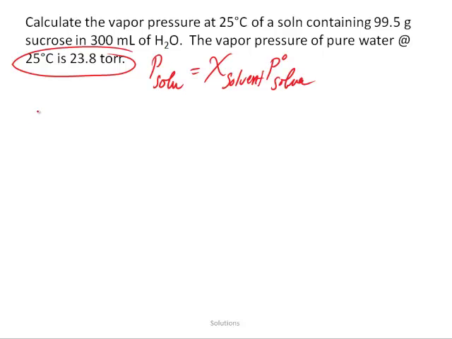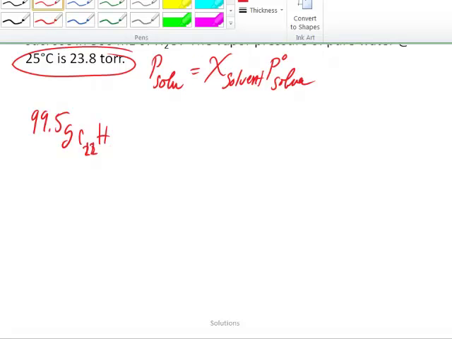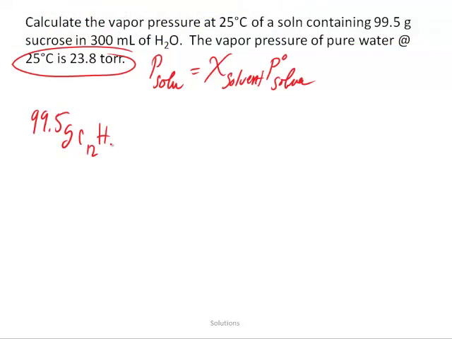Okay, so we have to calculate the number of moles of sucrose, and if we have 99.5 grams of sucrose, we look that up, and it has a formula of C12H22O11.